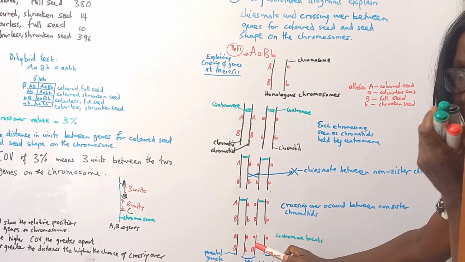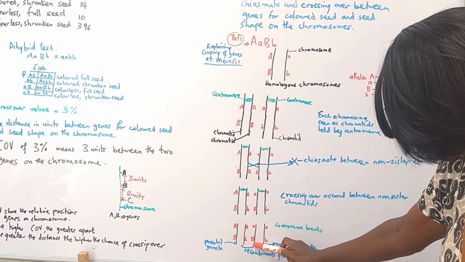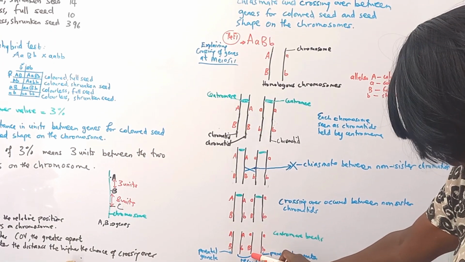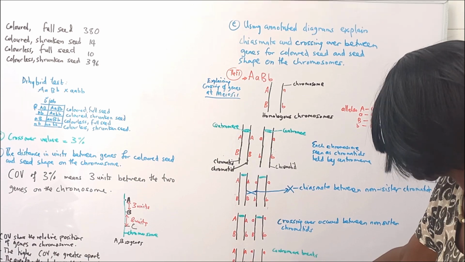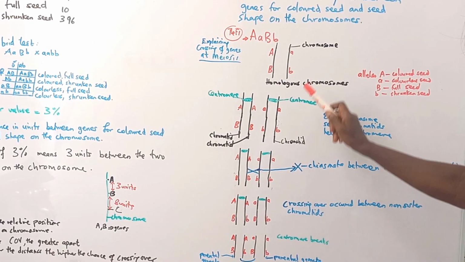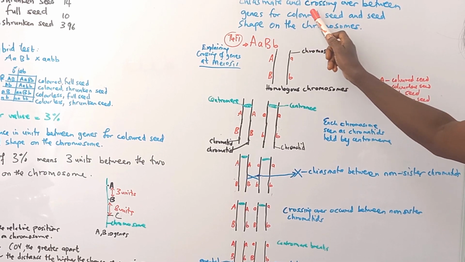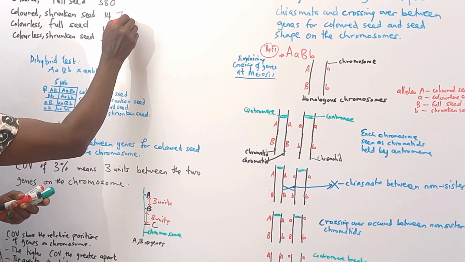So in the final analysis, you end up having these two as recombinant gametes, and this is a parental gamete, this is also a parental gamete. So finally, this is what happened during chiasmata and crossing over, which yielded these recombinants.